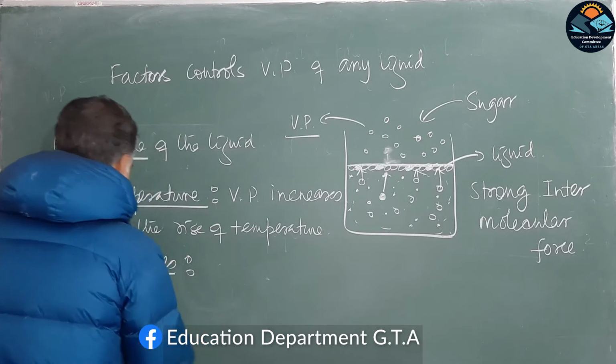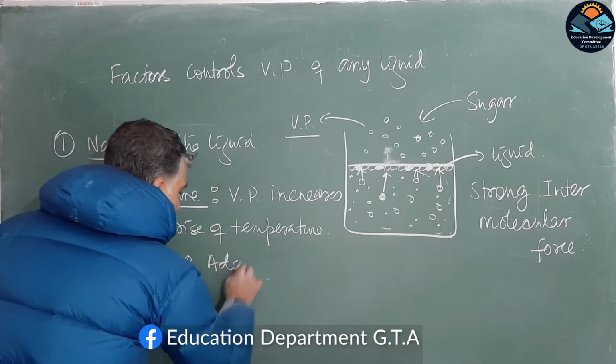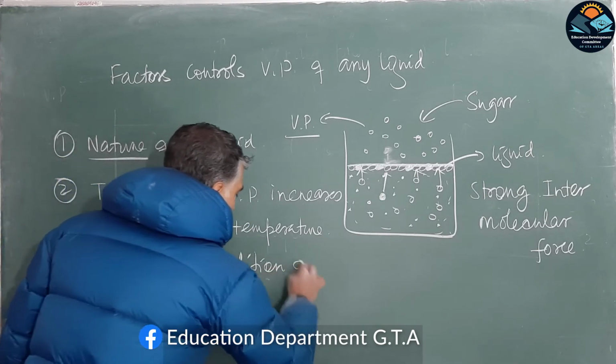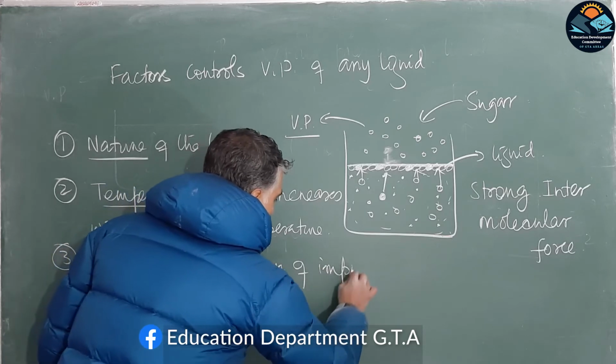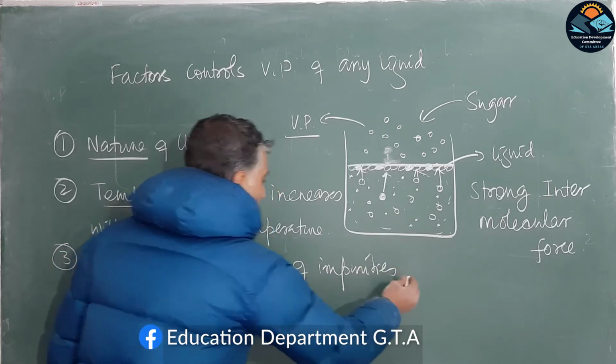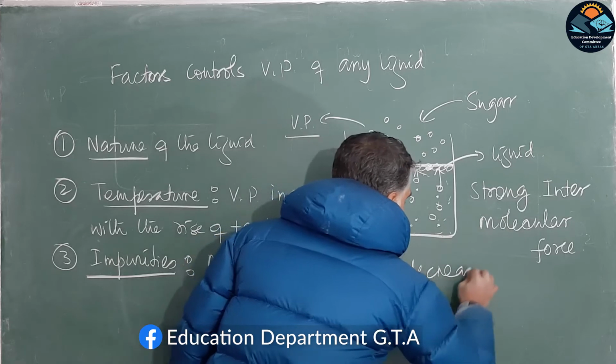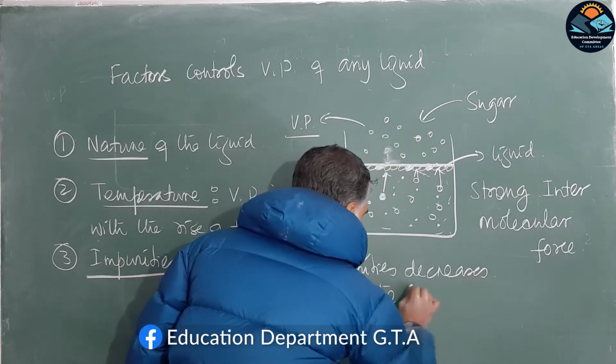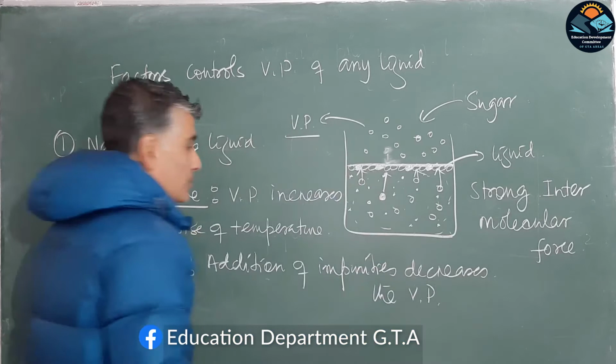Okay, so addition of impurities decreases the vapor pressure. Vapor pressure goes down.